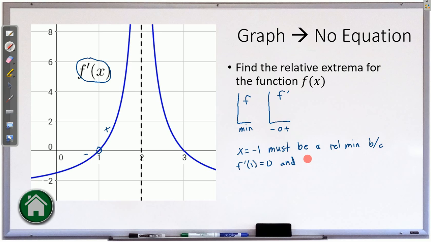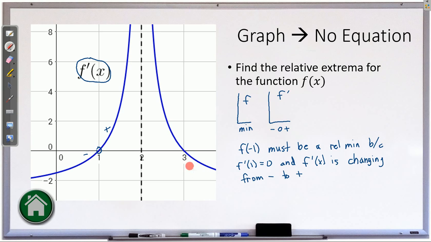And the derivative, f prime of x, is changing from negative to positive. And actually, to make that even better, I won't say x equals 1. I will say f at 1.